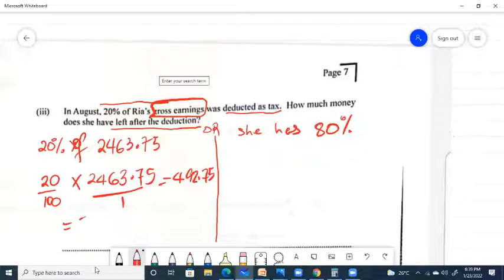So we get 492.75. Then the final thing now is to say, guess what? We're going to subtract this from that, the gross. Tell me what you get now.